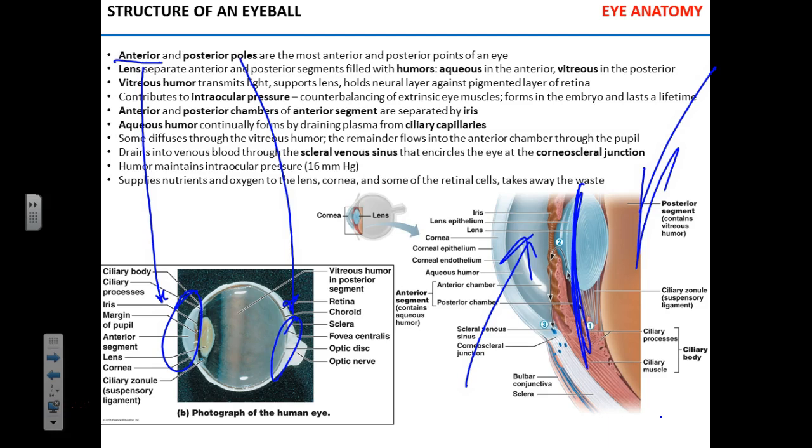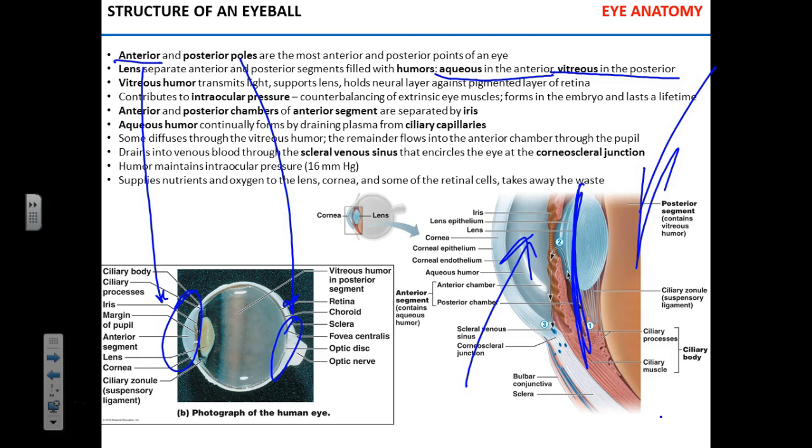Just terminology. Okay? The posterior segment is filled with vitreous humor. The anterior segment is filled with aqueous humor. Vitreous humor is a gel-like substance that's produced during embryonic development and stays in a person's eye for life. There's no fluid exchange there, it just stays there.